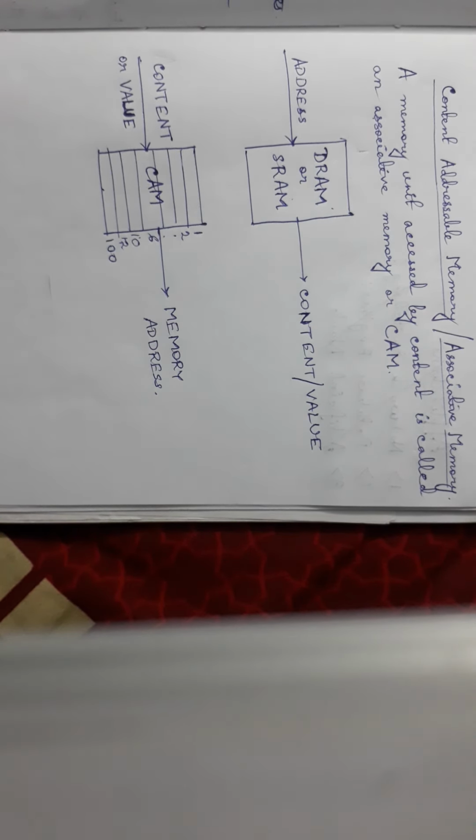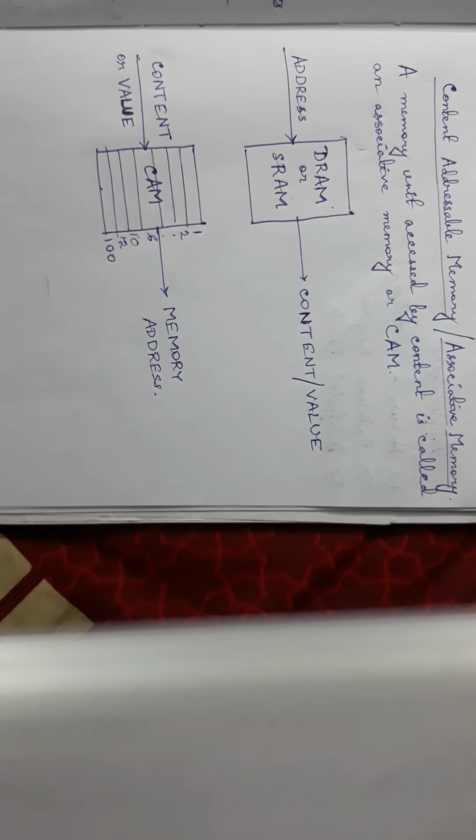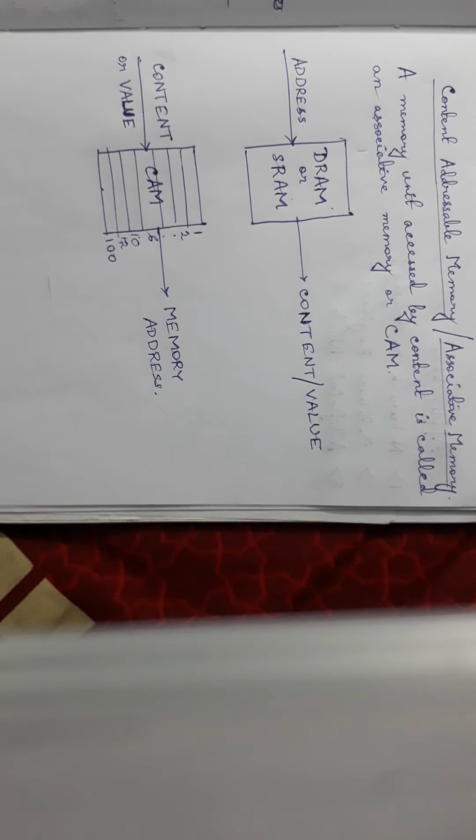So we can say that the speed of CAM is very high, and the time required to find an item stored in memory can be reduced considerably if the stored data can be identified for access by the content of the data itself rather than by an address.